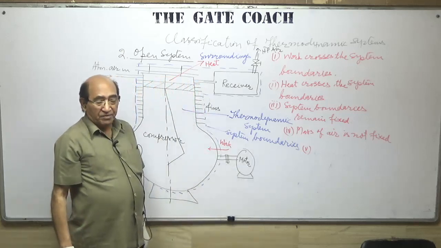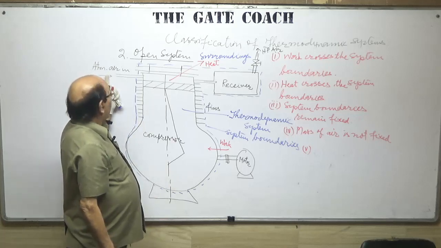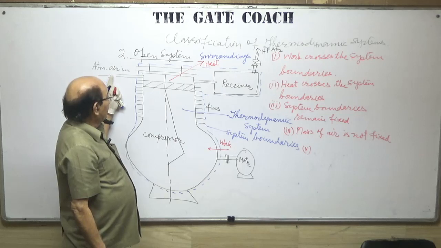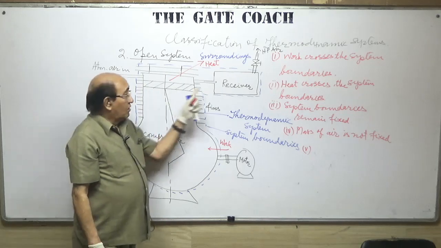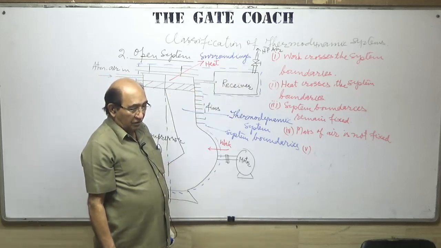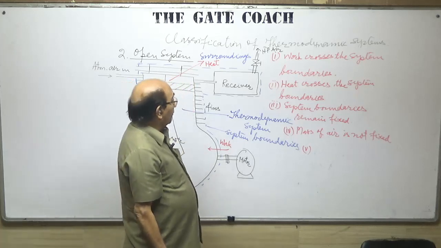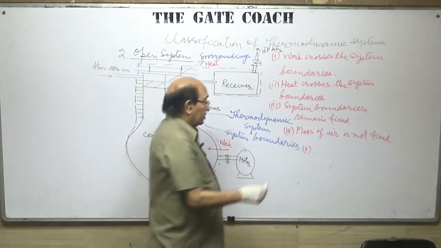Now what type of process is it? Atmospheric air is taken from the surroundings through a filter into the system, and air from the receiver is taken out depending upon the requirements. So all the time there is a flow of air between the system and surroundings.